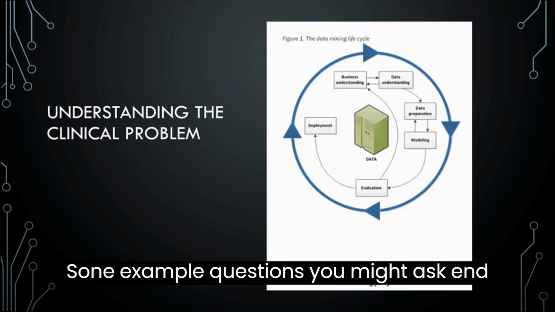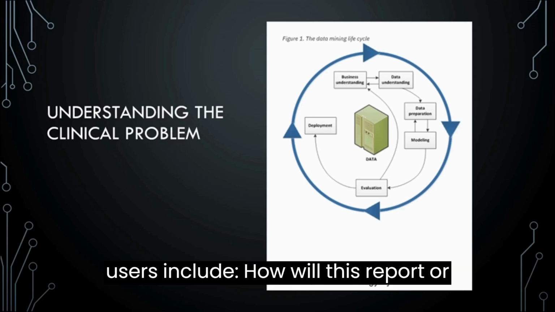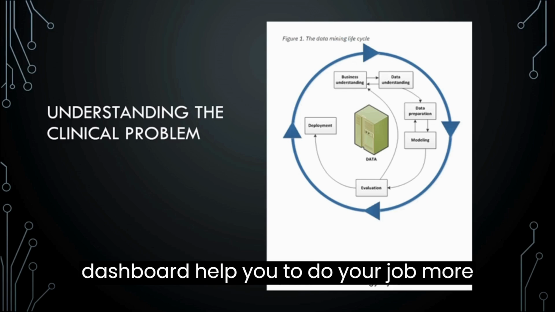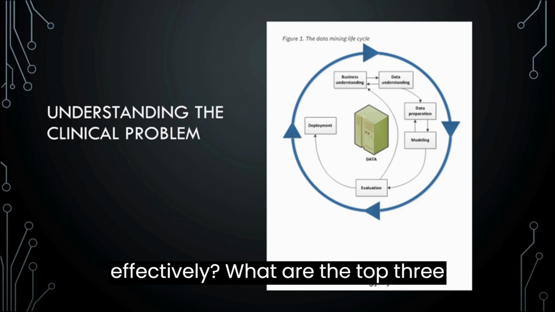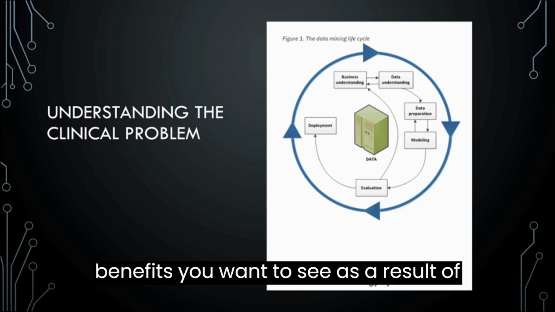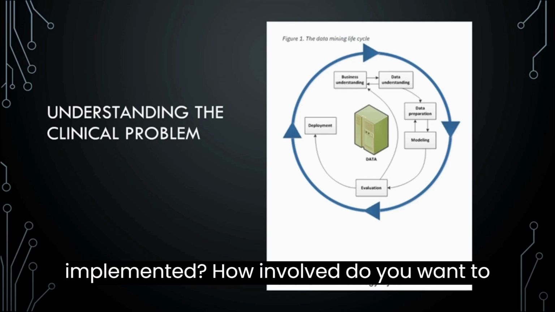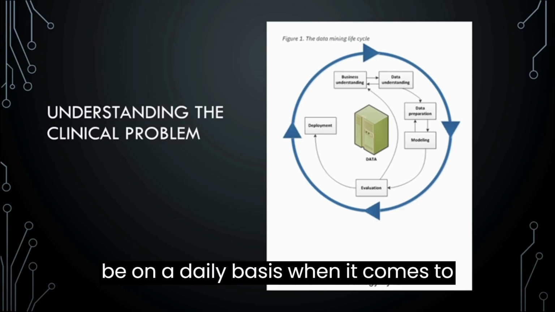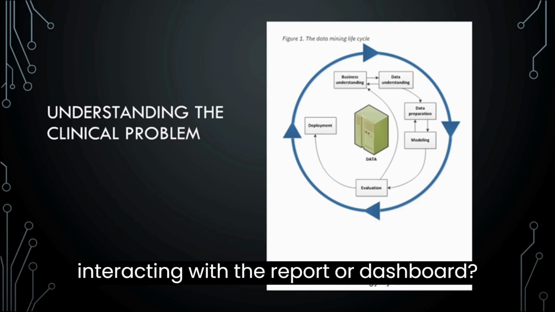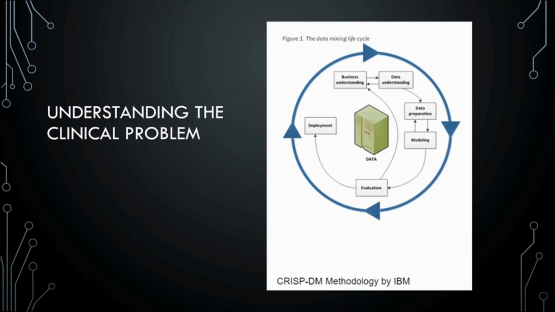Some example questions you might ask end users include, how will this report or dashboard help you to do your job more effectively? What are the top 3 benefits you want to see as a result of this report or dashboard being implemented? How involved do you want to be on a daily basis when it comes to interacting with the report or dashboard?